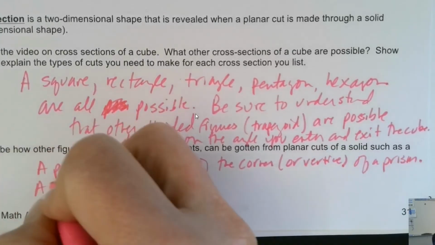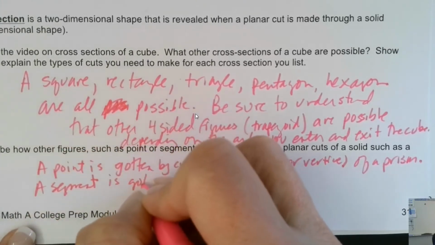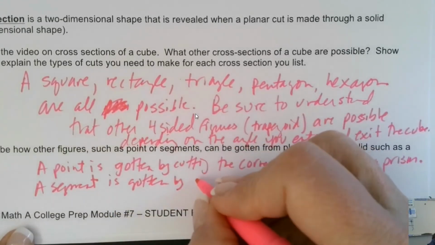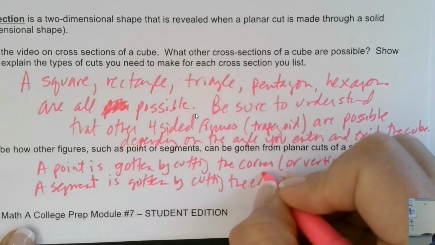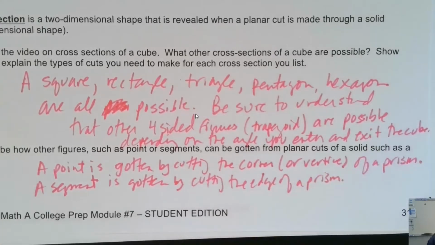A segment is gotten by cutting the edge of a prism. So you can kind of visualize that here. If you cut infinitely close to this vertex here, you will have that point. And if you cut infinitely close to this edge, you will have a segment.